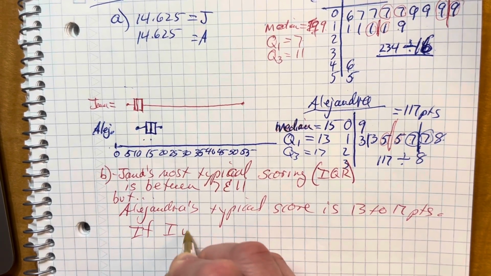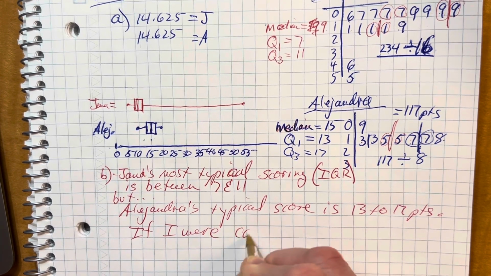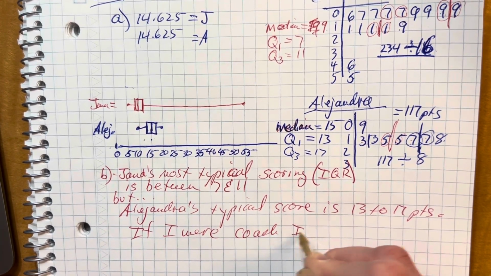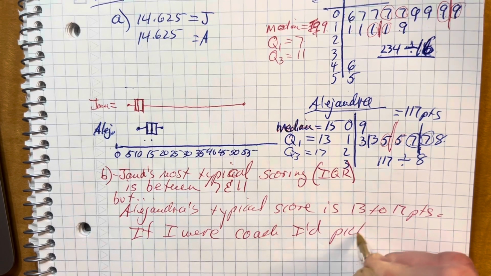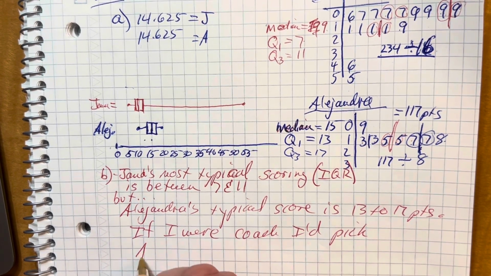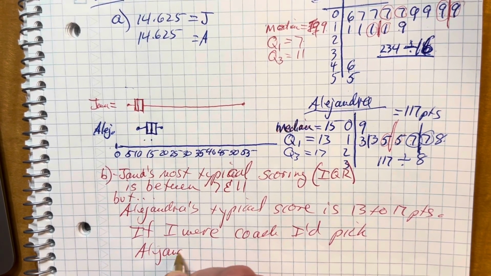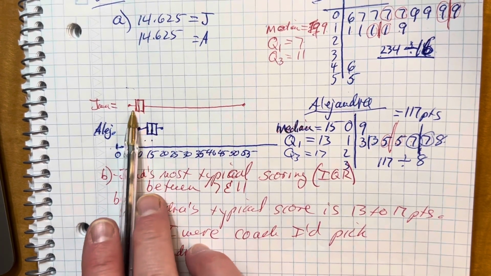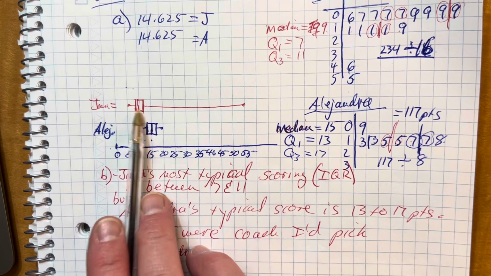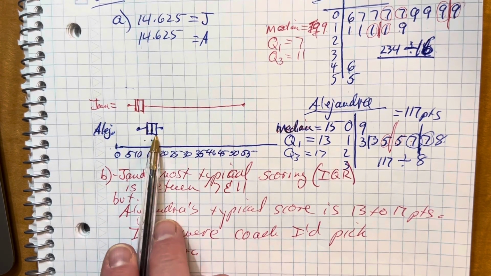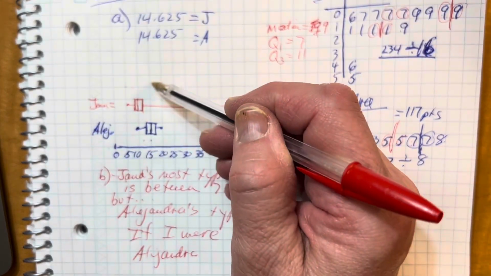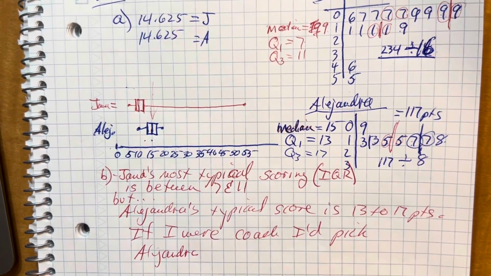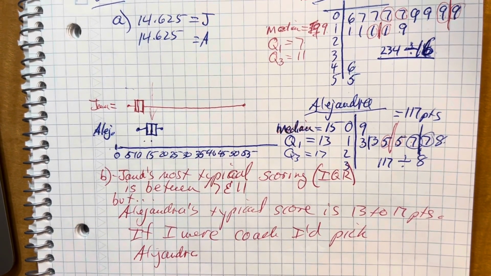If I were coach, I'd pick Alejandra. Okay? Because typically her middle 50% of the scoring, Jana's is here, Alejandra's is there. So if you showed this to coach, he would say, yep, point scoring wise, that's who I'd pick.